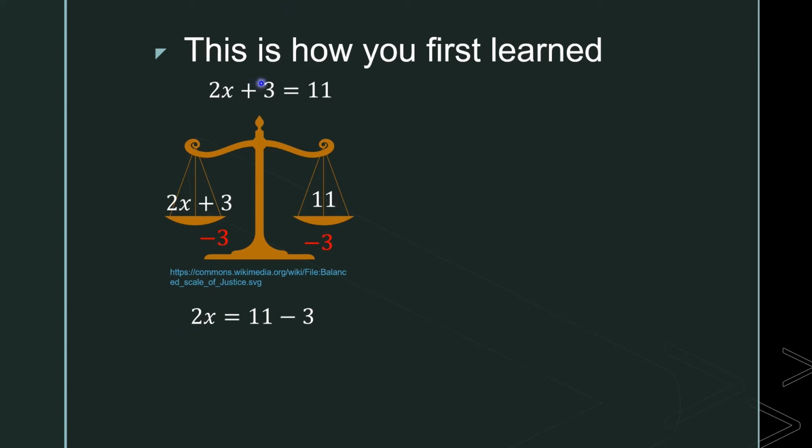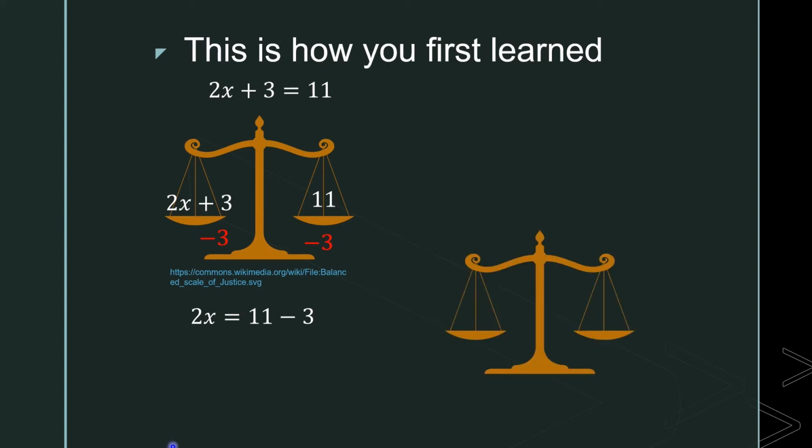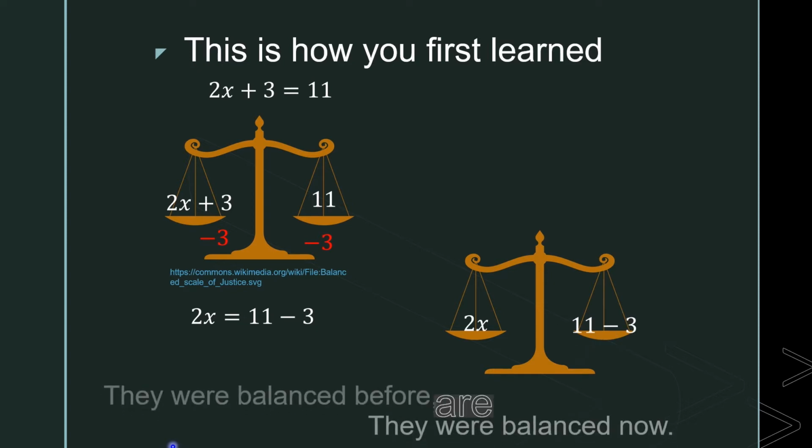So it was on the left-hand side and it moved to the right-hand side, but it changed the sign. It was positive, now it is negative. In other words, the operation is now opposite. An addition operation on one side becomes a subtraction operation on the other side. They were balanced before and they are balanced now.